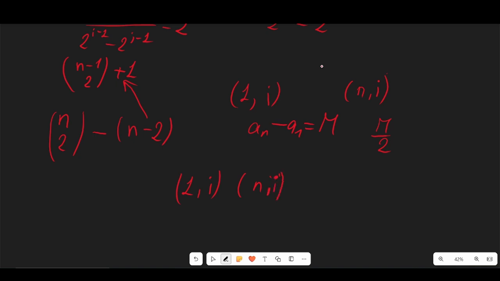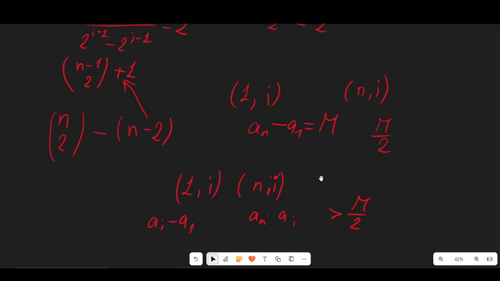And why is it correct? Because ai minus a1 or an minus ai is greater than m over 2. Otherwise, their sum cannot be equal to m. And if equality happens somewhere, this would happen at most once because these numbers are sorted.